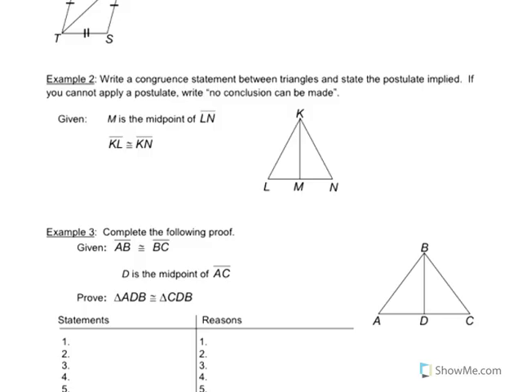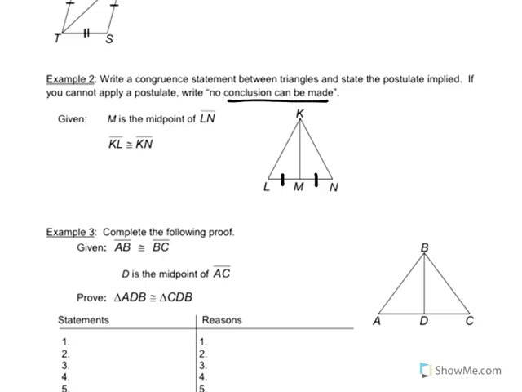Okay, example 2, write a congruent statement between the triangles and state the postulate. If you cannot, write no conclusion can be made. So let's see here. It tells us that M is the midpoint of LN. Okay, and so what can we conclude if we know that M is the midpoint of LN? Well, we can conclude that LM is congruent with MN, definition of a midpoint.